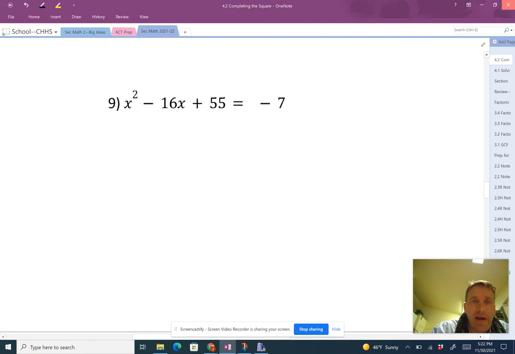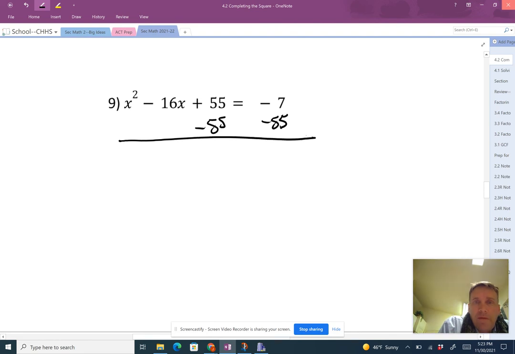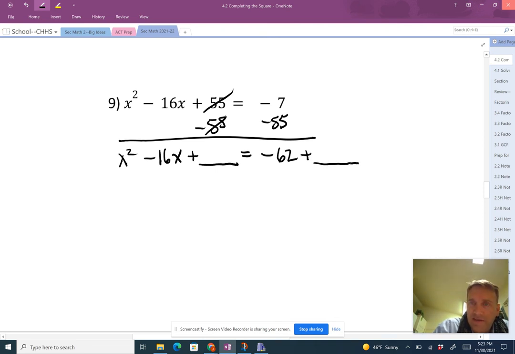With number 9, we want to subtract 55 from both sides. And that leaves x squared minus 16x plus something equals, and negative 55 minus 7 is negative 62 plus, again, something.